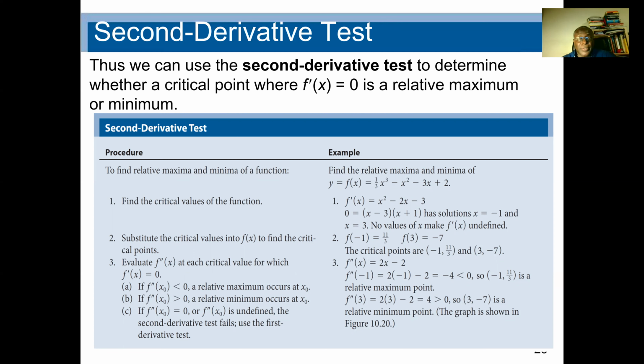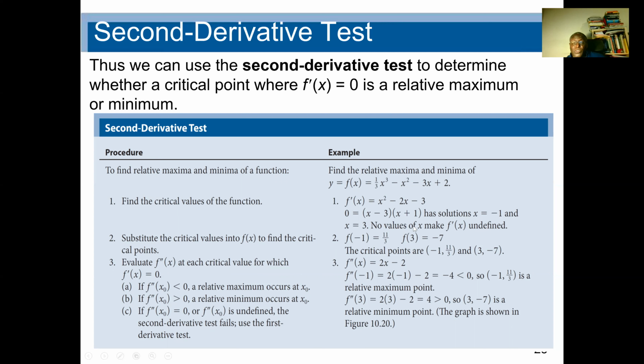So to find the relative maximum or minimum of a function, first we have the function here. We need to find the relative maximum and minimum first. So we take the first derivative, equate it to 0, then find x equal to -1 and also +3. x minus 3 equal to 0, x plus 1 equal to 0.